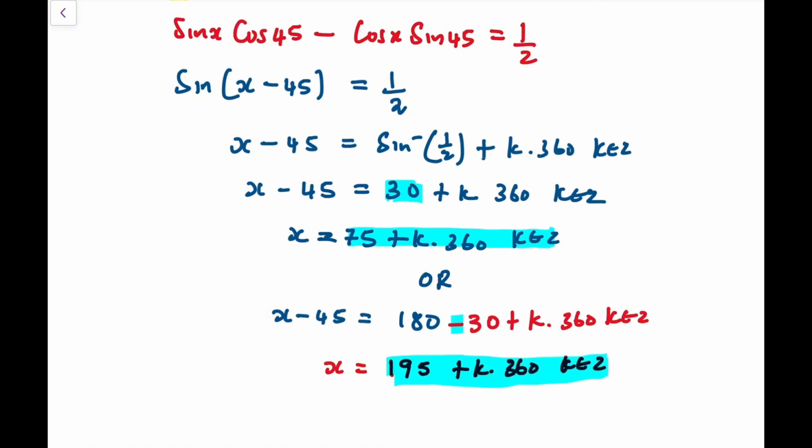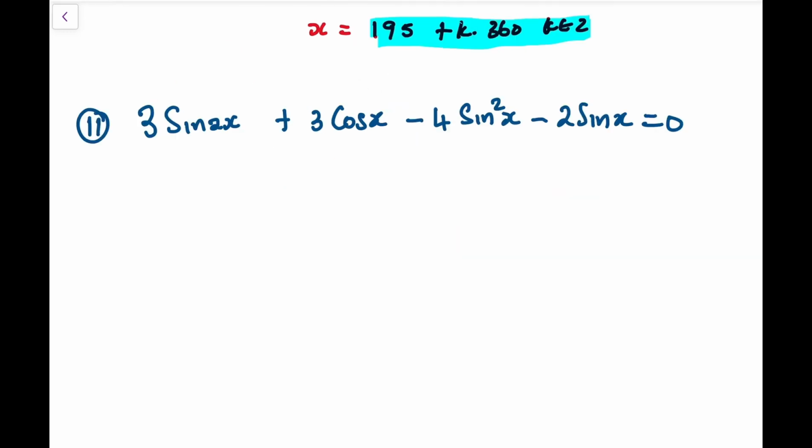Now, number 11. Number 11, we are given 3 sine 2x, this is a double angle, plus 3 cos x minus 4 sine squared x minus 2 sine x is equal to 0. So let's change this double angle first. Fortunately enough, with sine, we do not have many options.